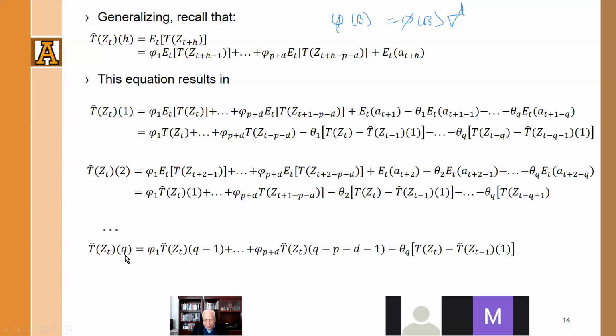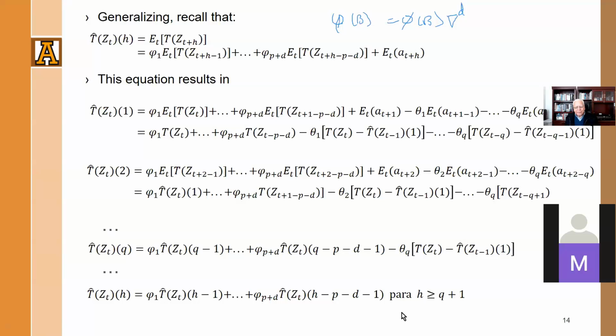Up to the q lag, we still have the coefficients of the moving average polynomial intervening in the forecast, multiplying the error at time t, which is estimated as the one-period-ahead forecast from the previous period. But after h is greater than q, the moving average terms do not appear anymore in the forecast.